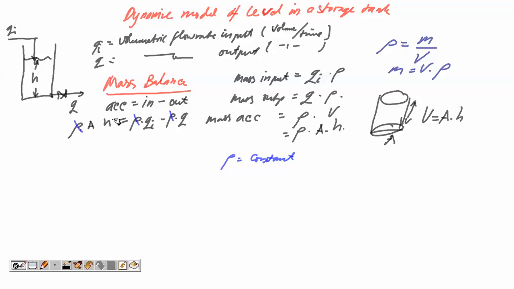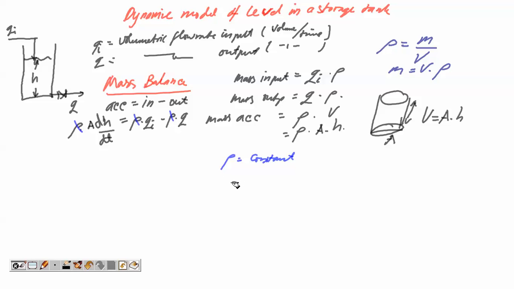Now we have an equation like this, but remember that the dynamic behavior H always changes every time, so H is in derivative form. So A dH over dt is equal to Qi minus Q.